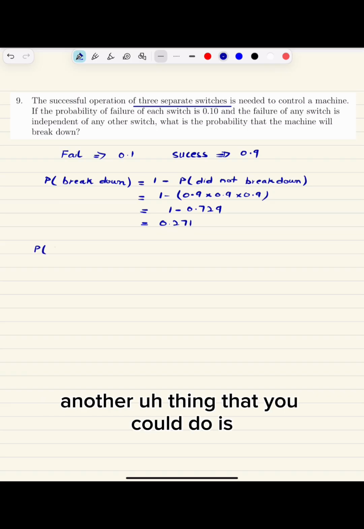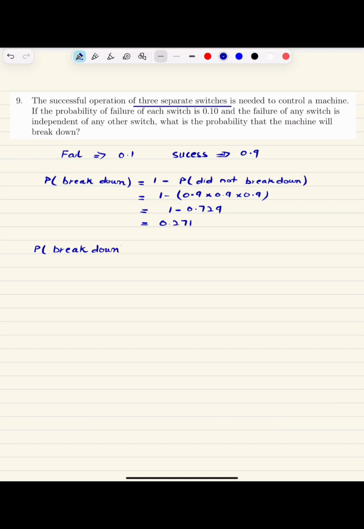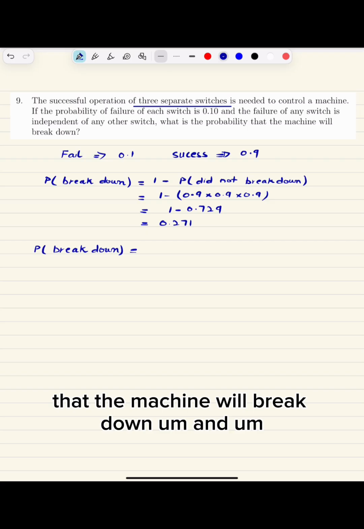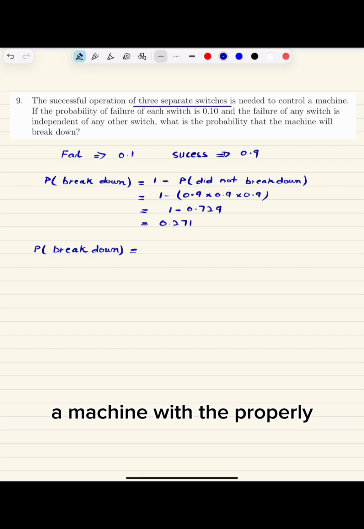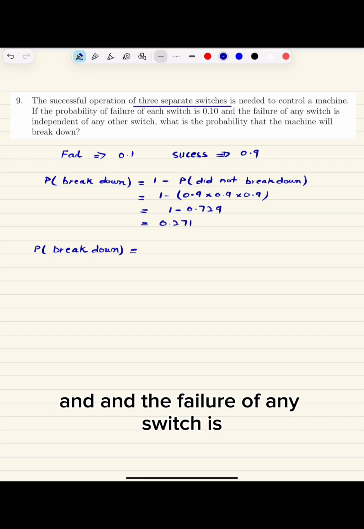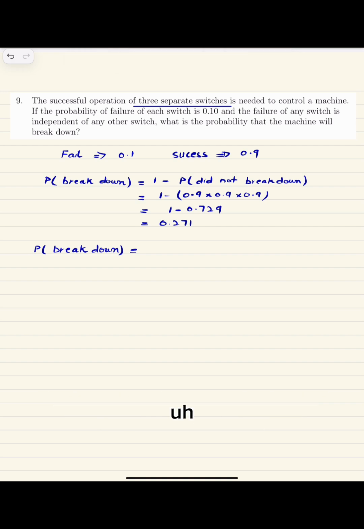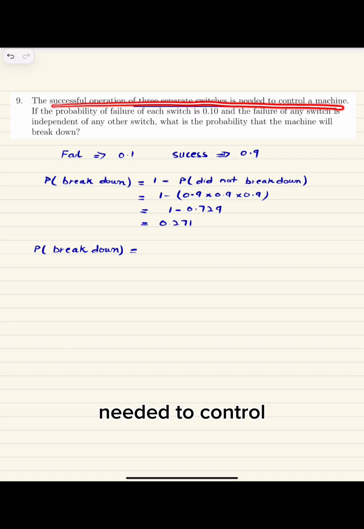Another thing you could do, though it's going to take us a longer time, is this. They're asking what is the probability that the machine will break down, and the success of 3 separate switches is needed to control the machine.